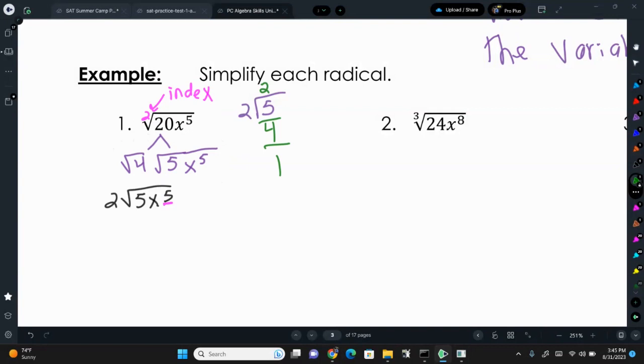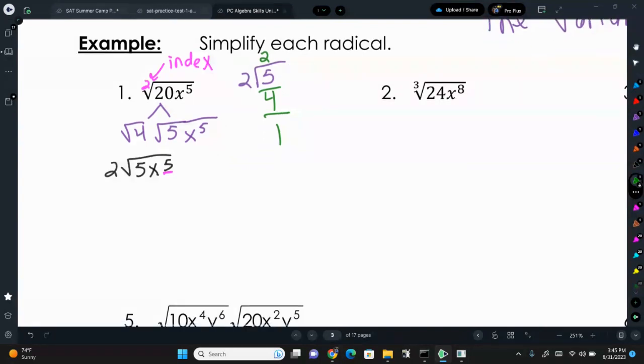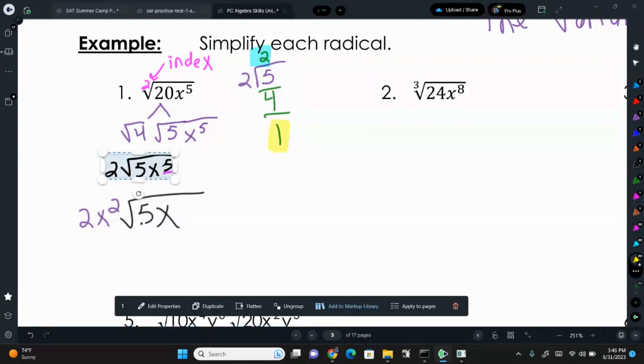So what this means is that x squared, because it went in 2 times, is going to come out of our radical. So we have 2x squared, and under the square root, we still have 5 and x to the first power.